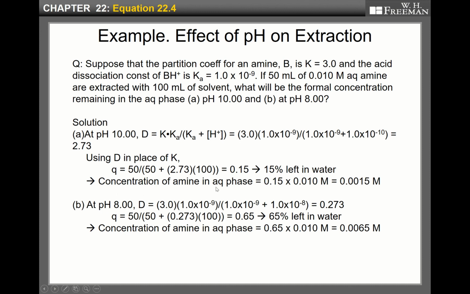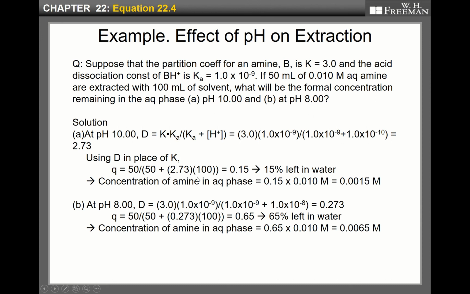So the concentration of amine in the aqueous phase is what? It is 0.15 multiplied by the original concentration, which is 0.01 molar. So this concentration of 1.5 millimolar still remains in aqueous solution.